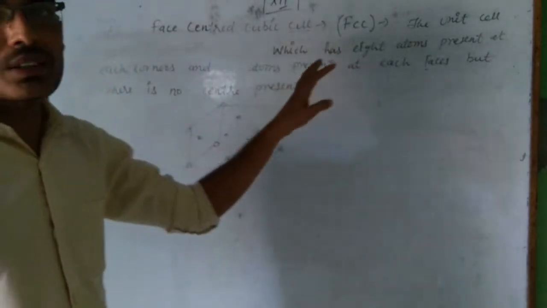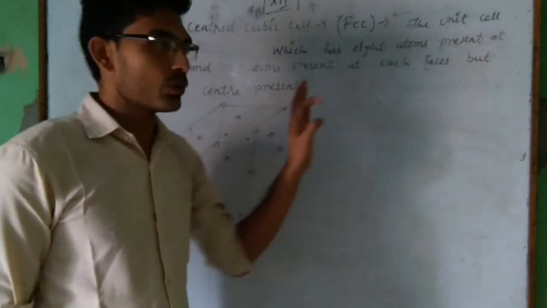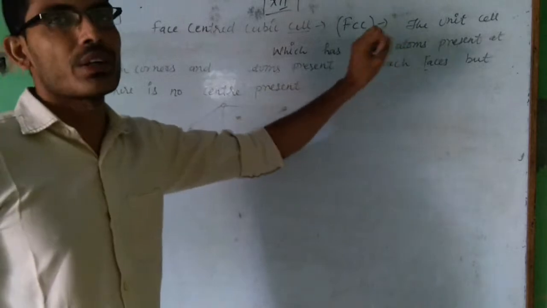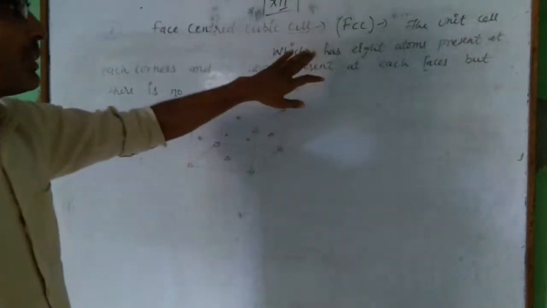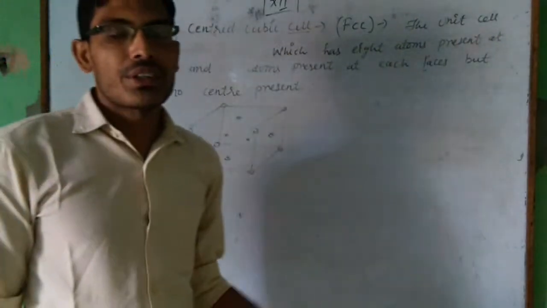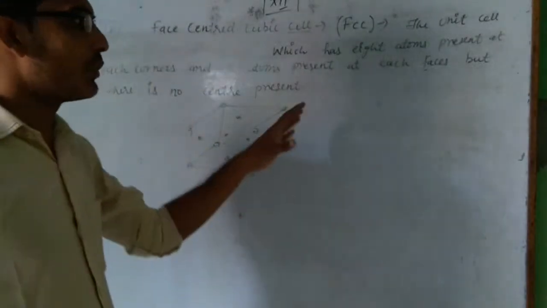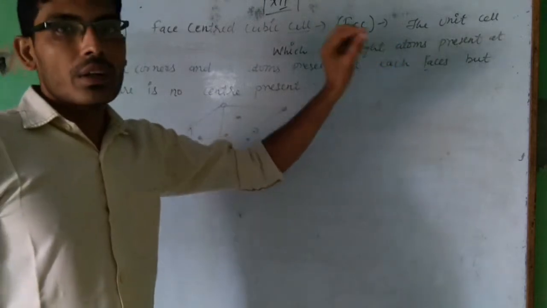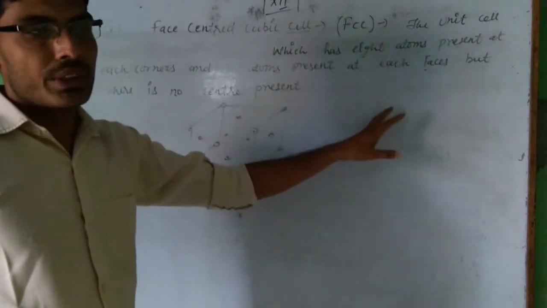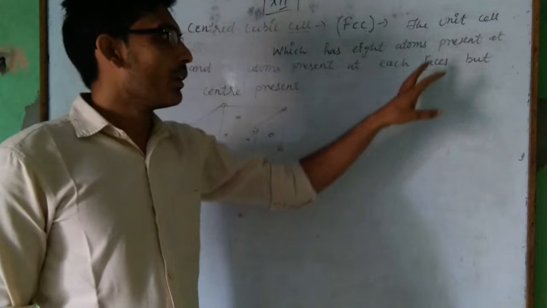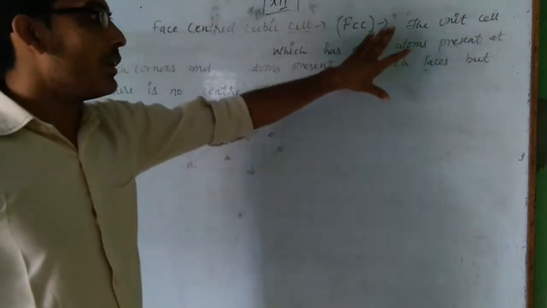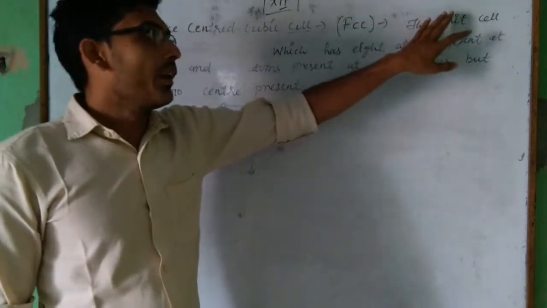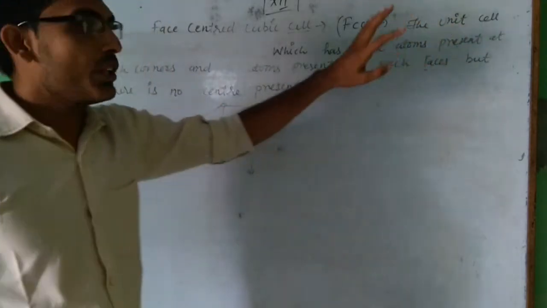There were no faces. In the third, the face centered cubic cell, FCC, the unit cell has 8 atoms present at each corner. What is the common thing in all cubic cells? That was the 8 atoms present at each corner. In all of these cubic cells there are 8 atoms present at each corner.